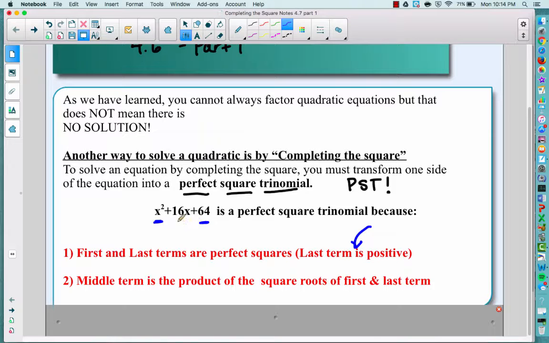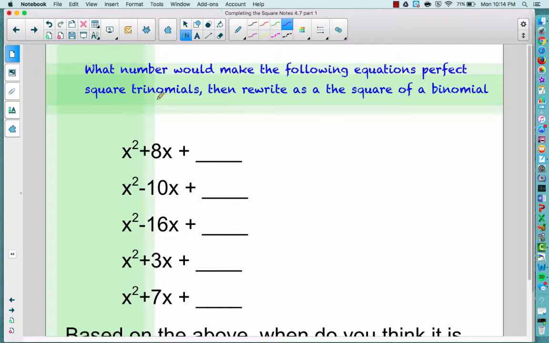And the middle term, the 16x, is the product of the square roots of the first and last term. I see that x squared, its square root is x. 64, its square root is 8. That 16 is double them. So that's going to be important for this section.